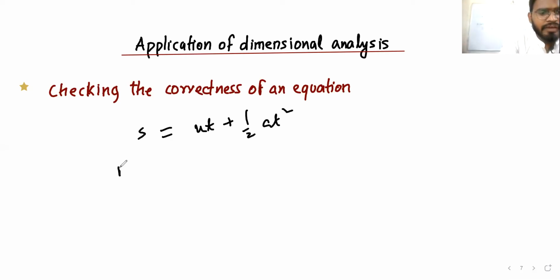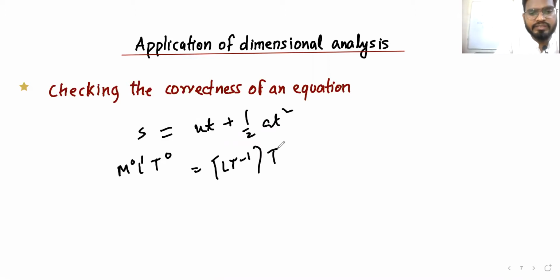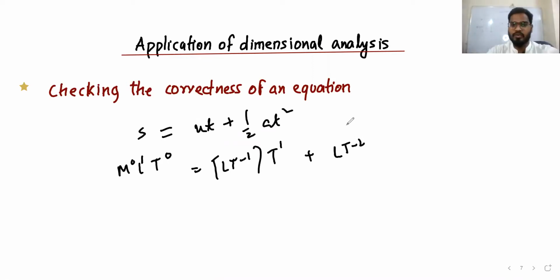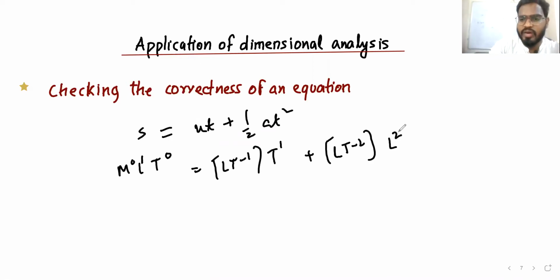S is displacement, so L to the power 1, right? u is LT minus 1, and t, T to the power 1. Half is nothing. LT minus 2, why? Acceleration, meter per second square. So LT minus 2 into T square, plus minus cancel out. So ultimately L to the power 1.